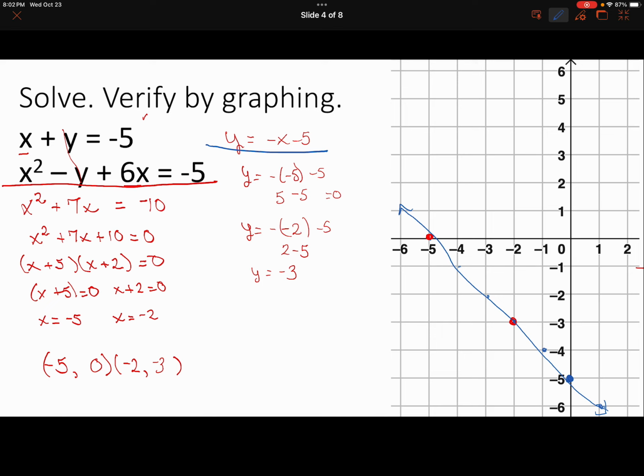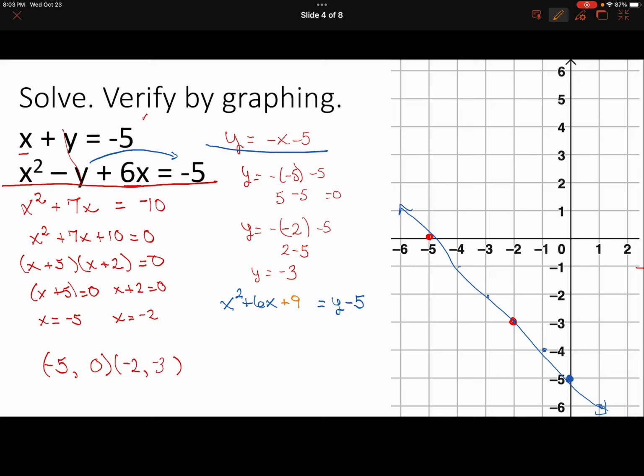So if we bring the y to the opposite side by adding a 0 pair, we will get x squared plus 6x is equal to a positive y minus 5. And then to complete the square, we ask ourselves what is half of the middle term squared. Half of b is 3. 3 squared is 9.